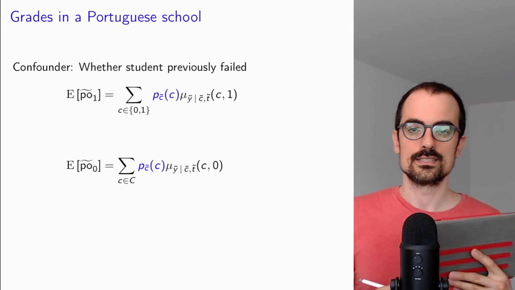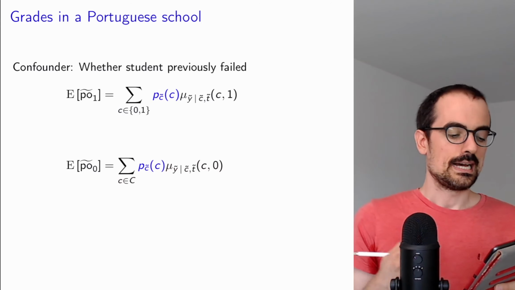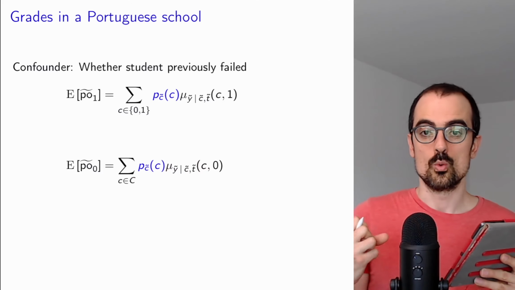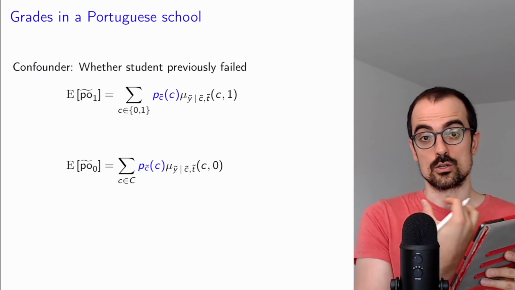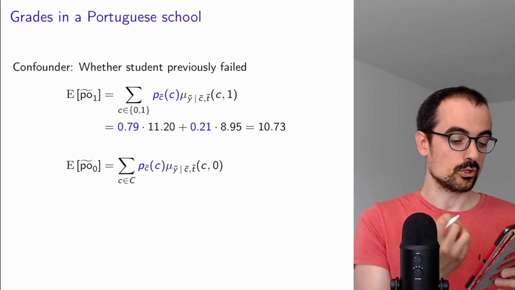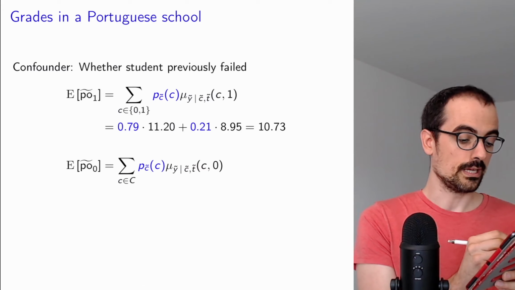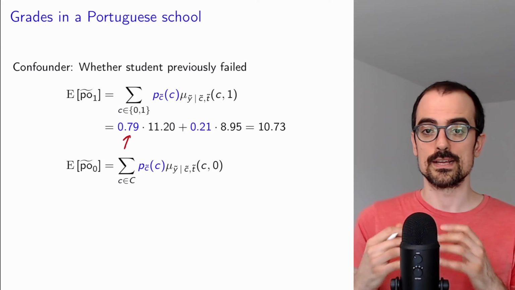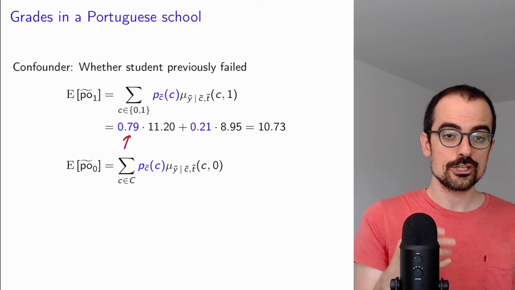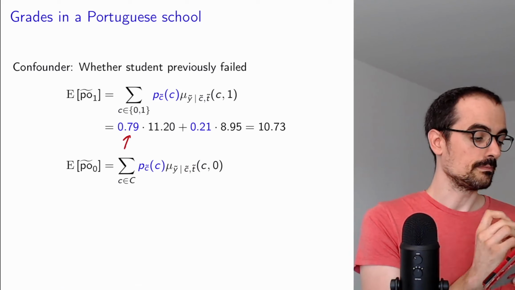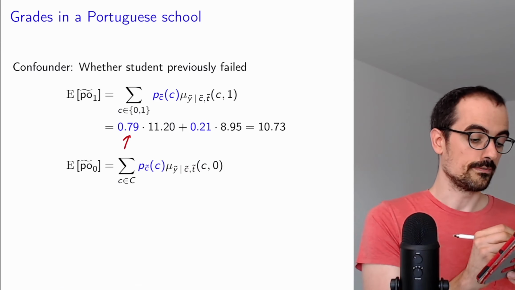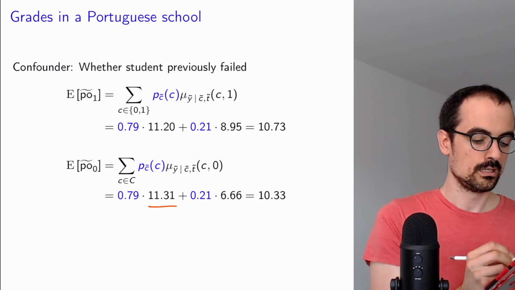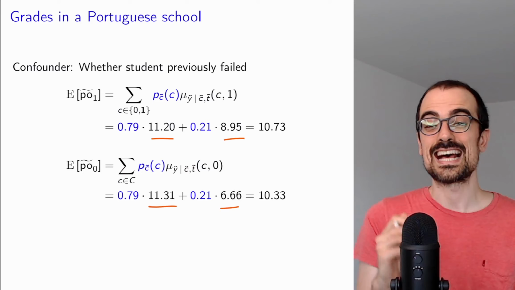Now for the grades in the Portuguese school, again, we had this issue where the students that previously failed were overrepresented in the control group, and we can control for that by using the percentage of students that previously failed over the whole population and multiplying that by the corresponding observed conditional average, which do reflect the true conditional causal effects under our assumption.